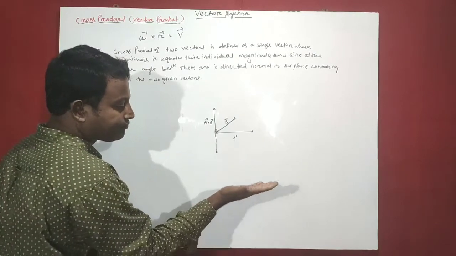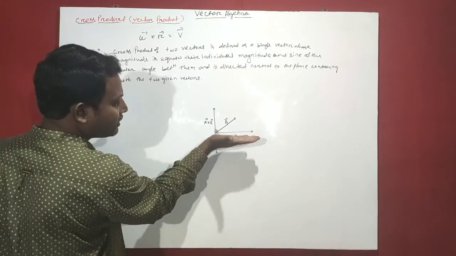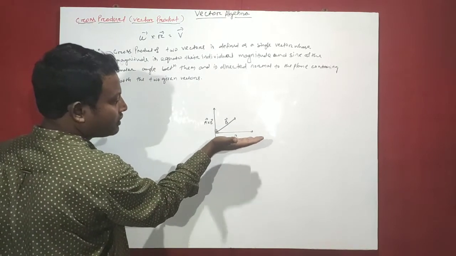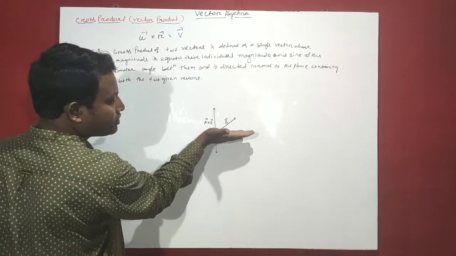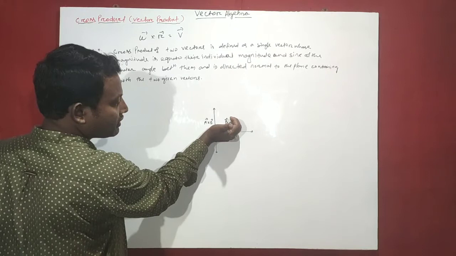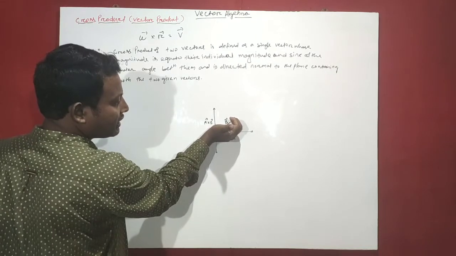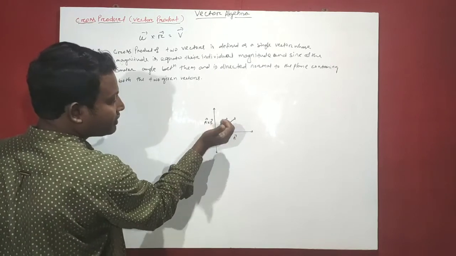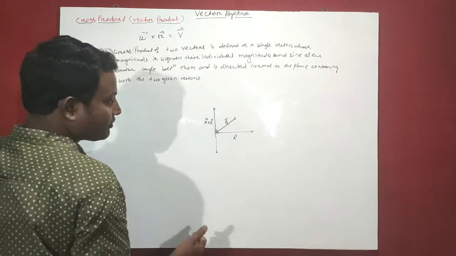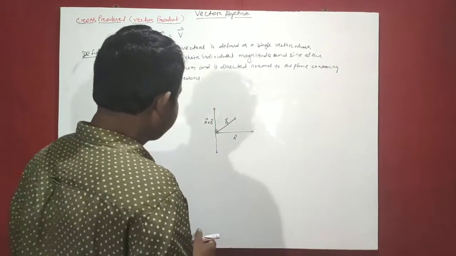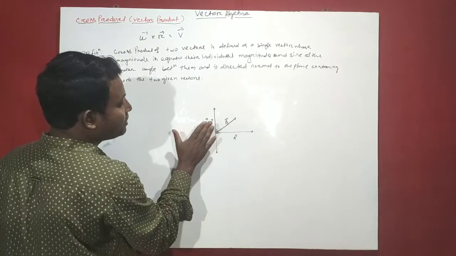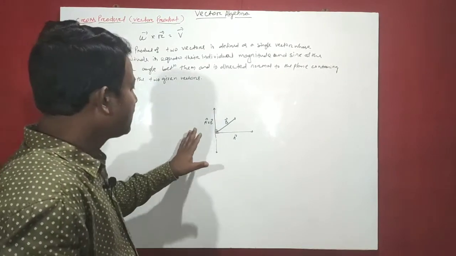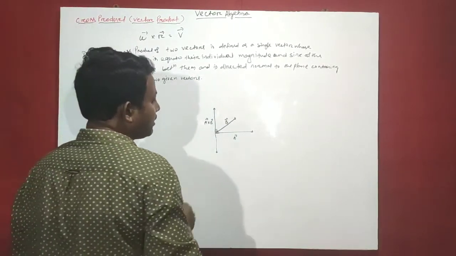First, you have to place your palm like me, like this, and curl your fingers except the thumb towards B. Likewise, then your thumb shows the direction of A cross B. That means it shows the perpendicular to the plane of both. So this is the A cross B vector.